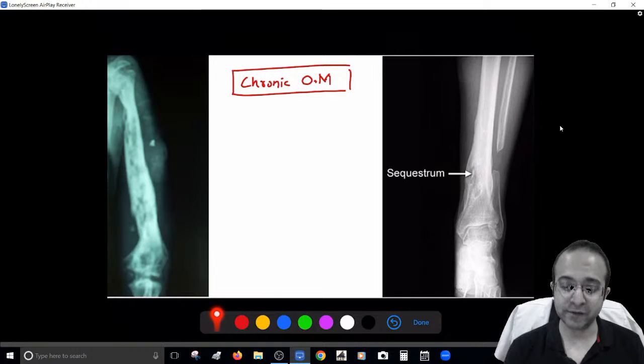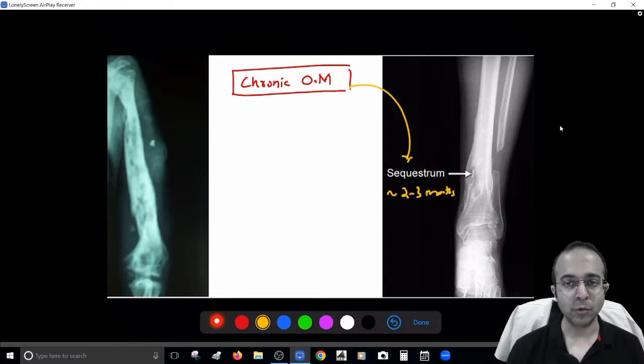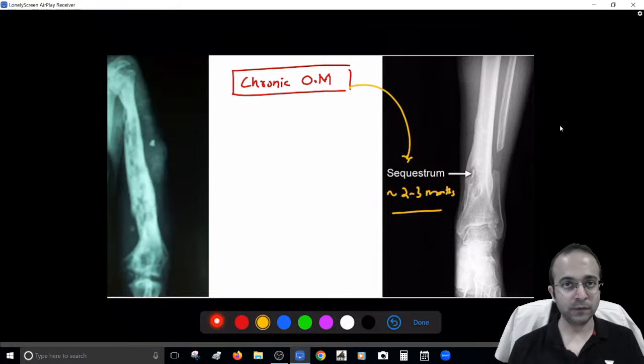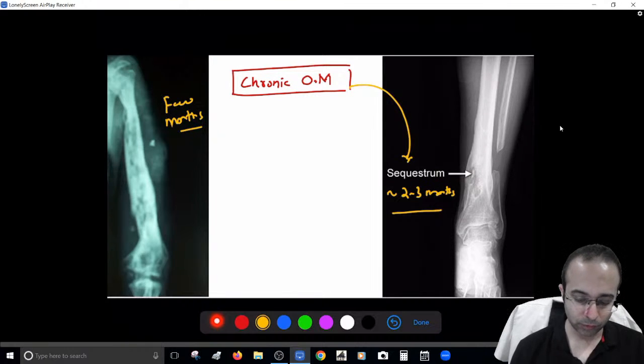What you would see on the x-ray would be an abscess cavity containing this dead piece of bone that is called sequestrum. So this is the first thing you may see in cases of chronic osteomyelitis. Appears around 2 to 3 months of infection. Okay, and this is like what you see in the early stages. When few months are gone and the infection continues to remain in the bone, the whole bone gets distorted.